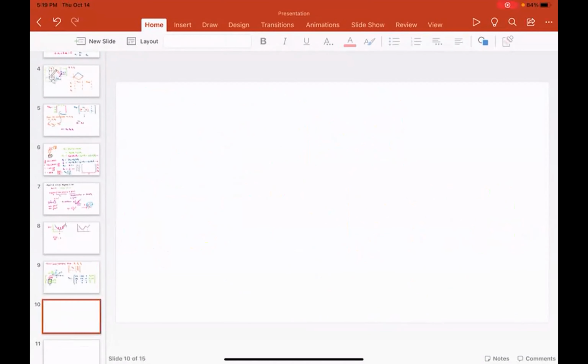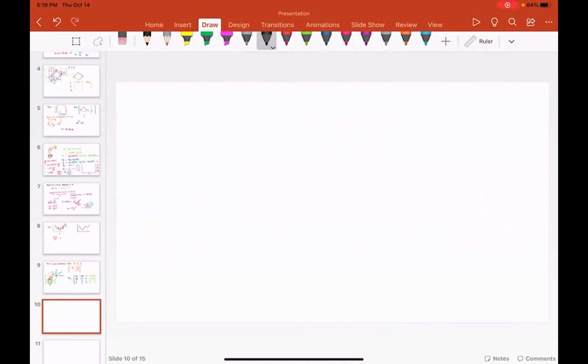Okay, so I missed the last slide, but let me explain what I was trying to explain. If you look at the coordinate system from the top, this is what you're going to observe. This is going to be your x naught, and this is going to be your y naught.